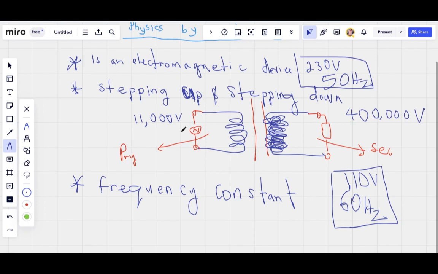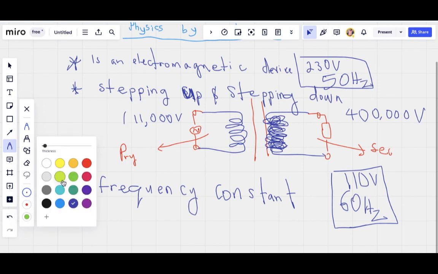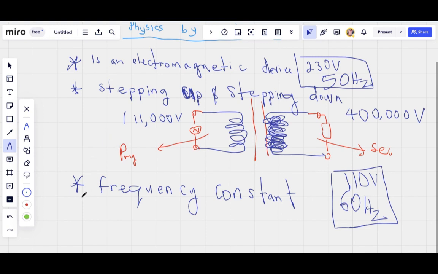As the generator rotor rotates, EMF will be induced according to Faraday's law. That induced EMF is the voltage we're talking about. Let's assume in the power station we produce 11,000 volts. This is fed into a step-up transformer, and the value is raised up to 400,000 volts, which is now fed into our transmission line to be transmitted across the country.